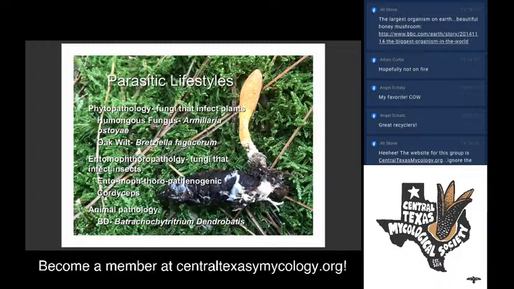But another one is Batrachochytrium dendrobatidis, which is a chytrid fungus, a very basal branch on the evolutionary tree of fungi that actually still have their flagella, and they can swim around in their spore stage. They're pretty fascinating little organisms, but getting more into them is outside the scope of this talk tonight, even though they do live in the soils.